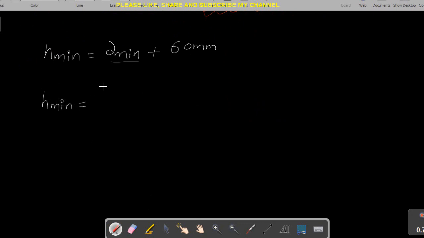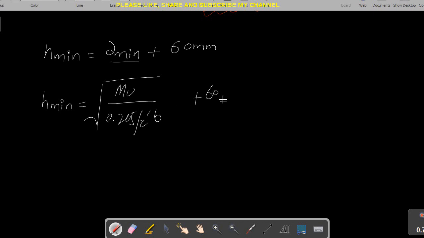my D minimum equation, a well-known equation, I have already derived this equation: 0.205 FC prime into B plus 60. Now if I plug all the values, be careful about the units. This is important. My Mu value is 38.74 into 10 to the power 3 Newton meter.